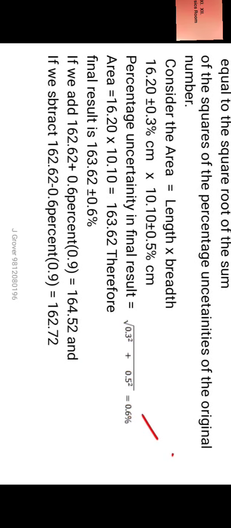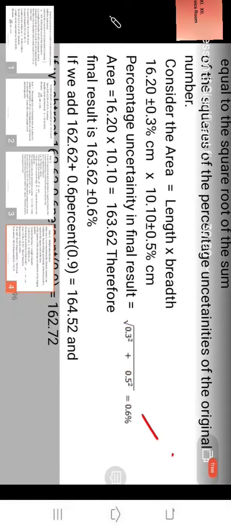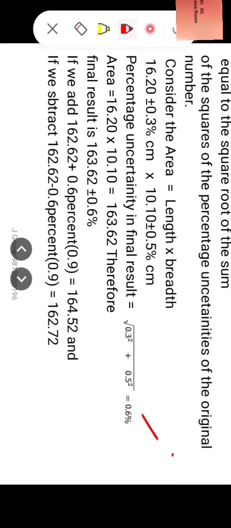Therefore, final result is expressed as 163.62 plus minus 0.6% centimeter square.